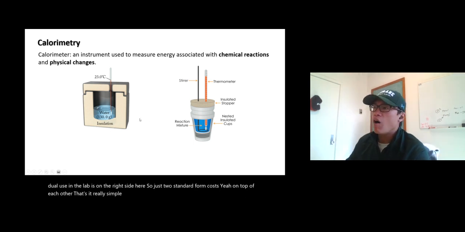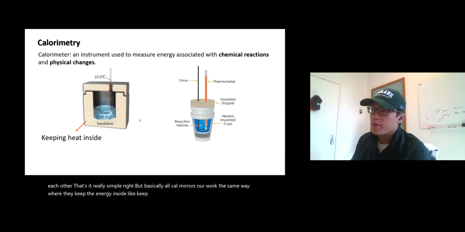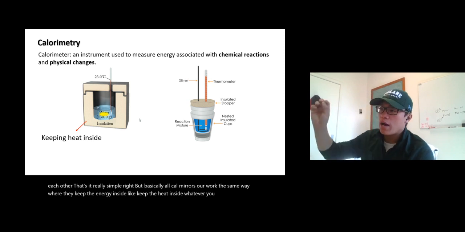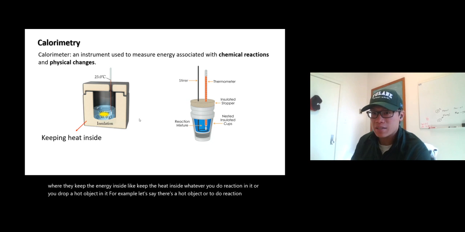But basically, all calorimeters work the same way, where they keep the energy inside, right? Keep the heat inside, whatever reaction you do in it, or if you drop a hot object in it. For example, let's say that's a hot object, or you do a reaction, and assume that the reaction releases heat.